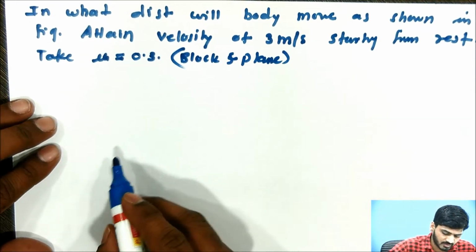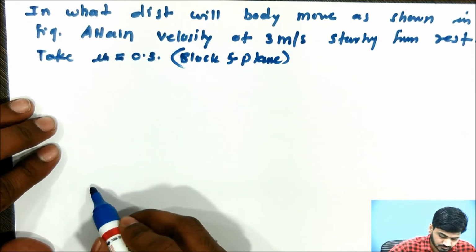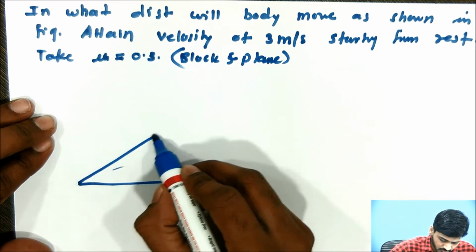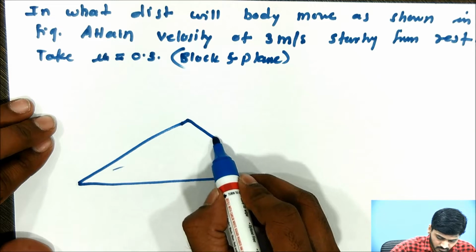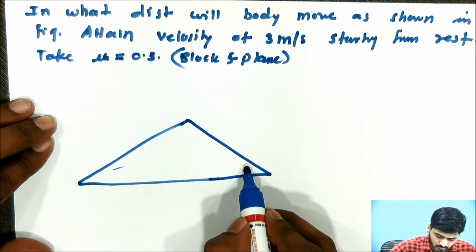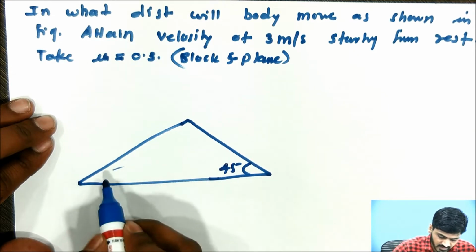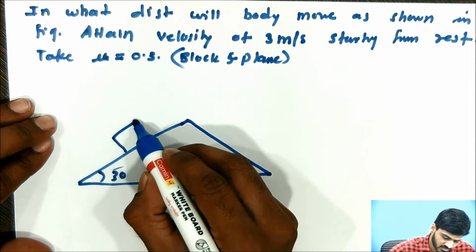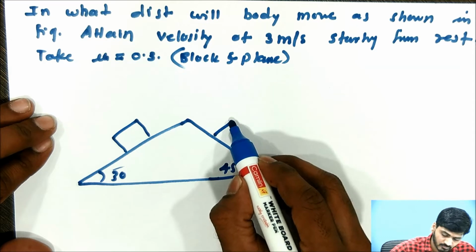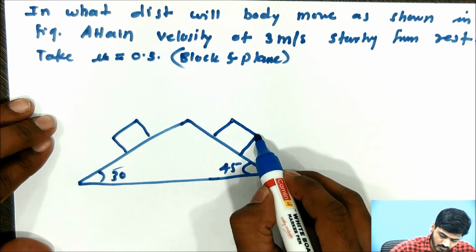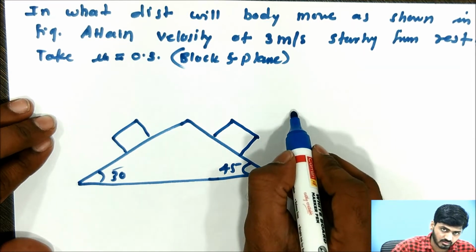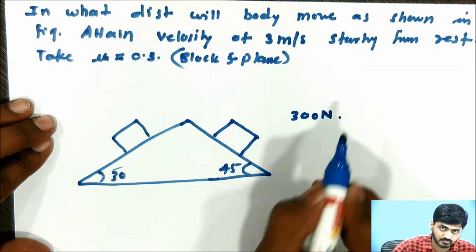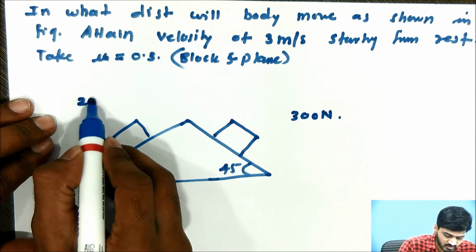So the figure that I mentioned: this is 45 degree, this is 30 degree. Two blocks are present like this. Here the weight of this block is 300 Newton and the weight of this block is 200 Newton.